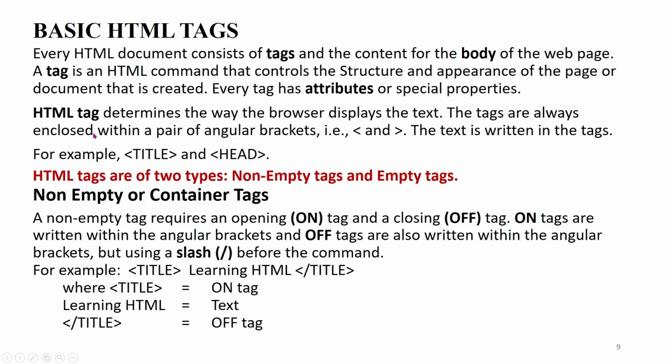An HTML tag determines the way the browser displays the text. The tags are always enclosed within a pair of angular brackets, that is, the less than sign and the greater than sign. The text is written in the tags. For example, title and head.